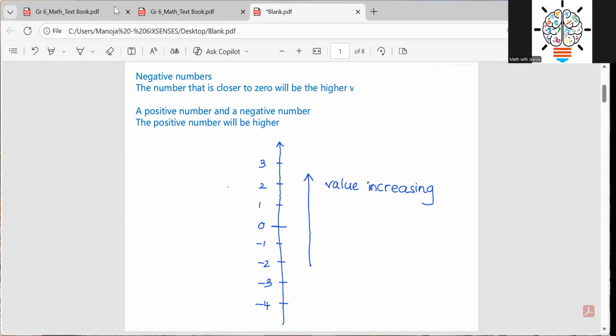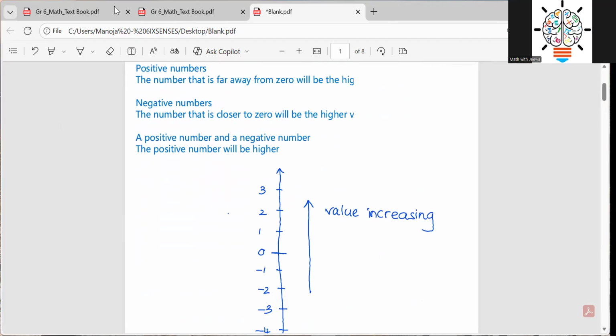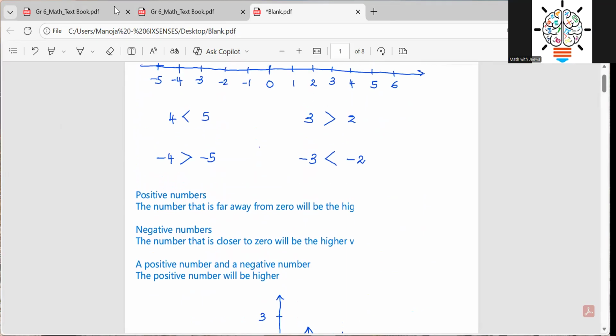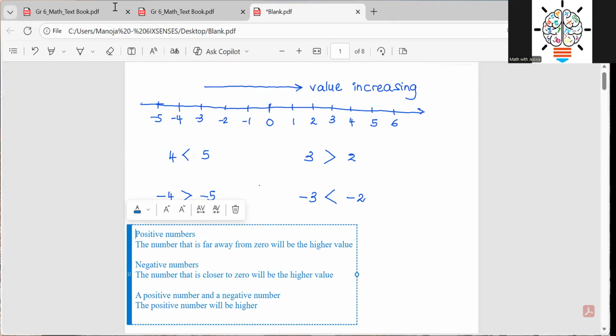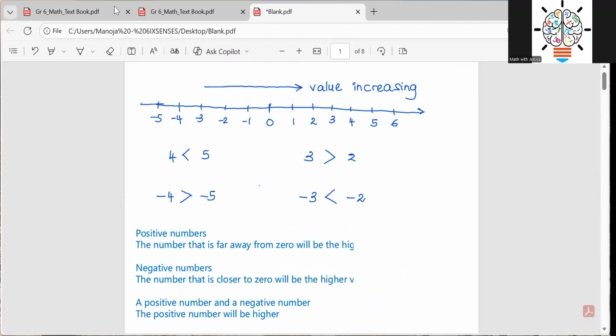In that case, something which you can see on top of 0 will be positive, and bottom of 0 will be negative values. And if you want to compare two numbers, let's say you have two positive numbers, the number which is far away from 0 will be the higher value. The number which is closer to 0 will be the lower value.